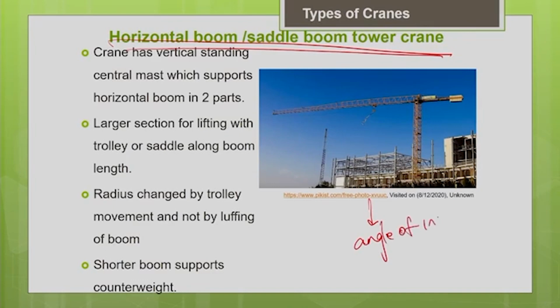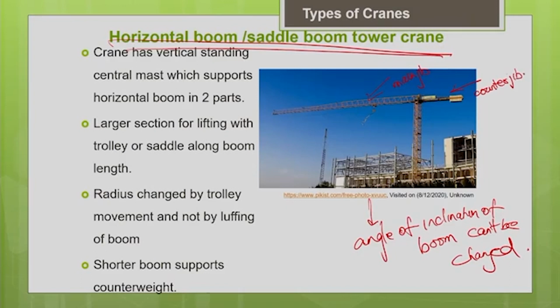This you call the main jib, where you carry the load, and this you call the counter jib, where you put the counterweights, and the counterweights are also at the base as I mentioned earlier.